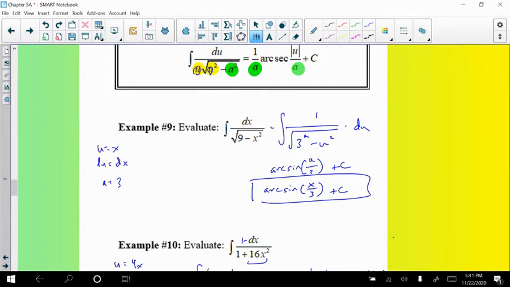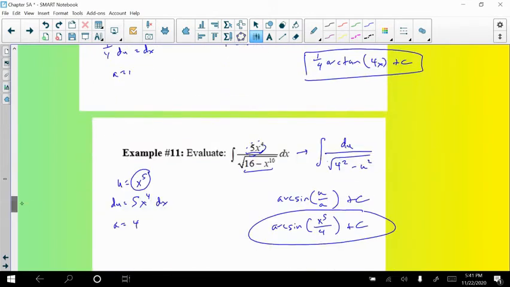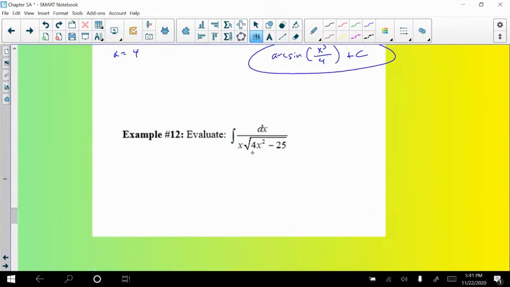So we have to make sure this lines up nicely. So I'm going to start on the interior here and make this my u squared, which means u would have been 2x. So u is 2x because that quantity squared would be 4x squared. So du is 2 dx, and I only have a dx, so I need 1/2 du is equal to dx.